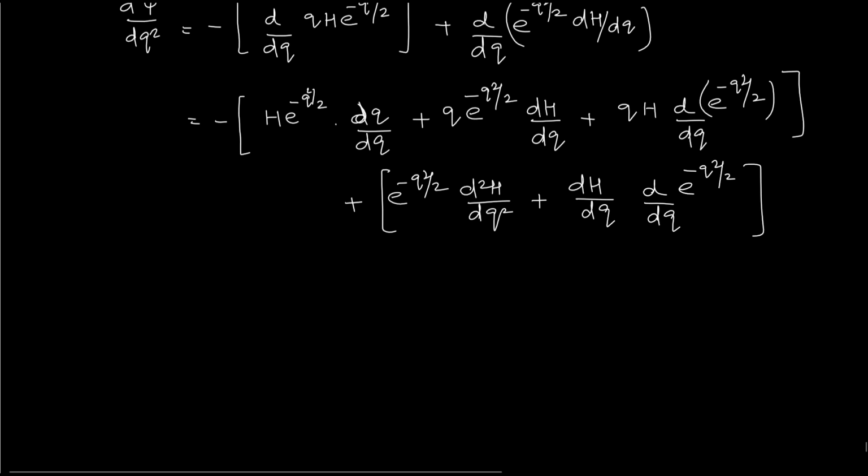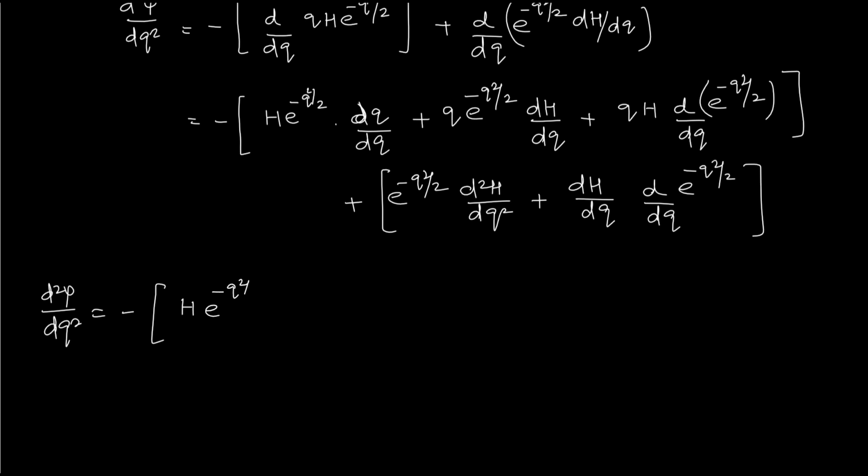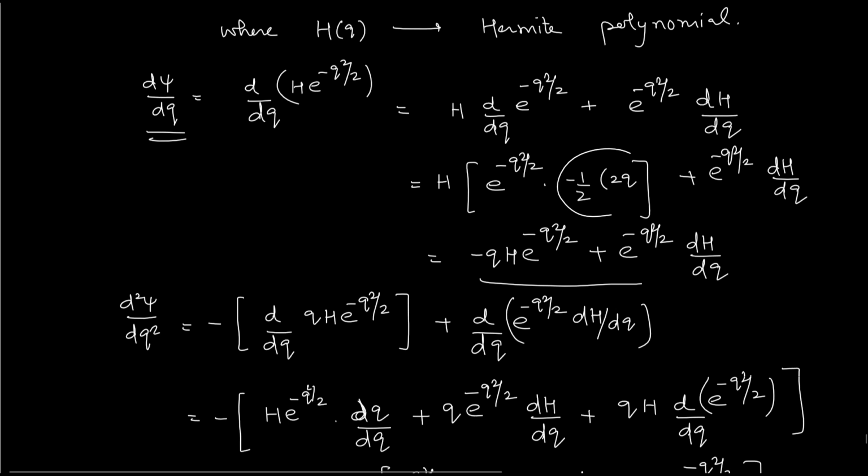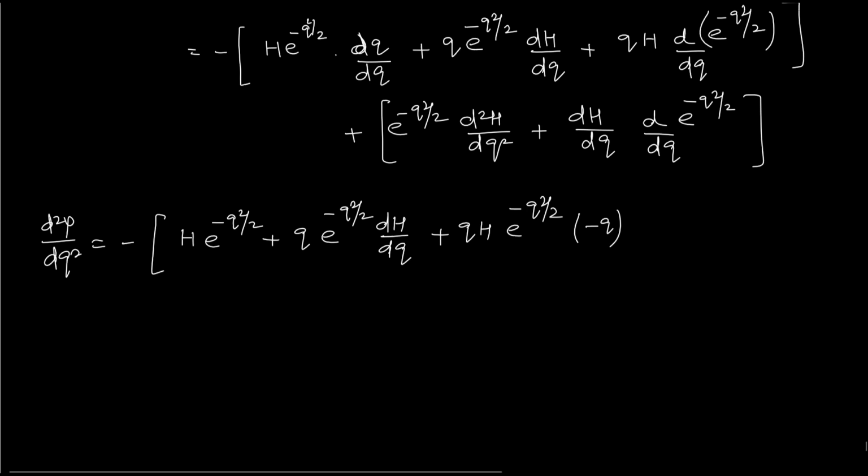So if we are to solve this, d2 psi by dq2 is equal to h e raised to power minus q square by 2, e raised to power minus q square by 2 dh by dq, qh e raised to power minus q square by 2 into minus q, we have solved in the first part as well.